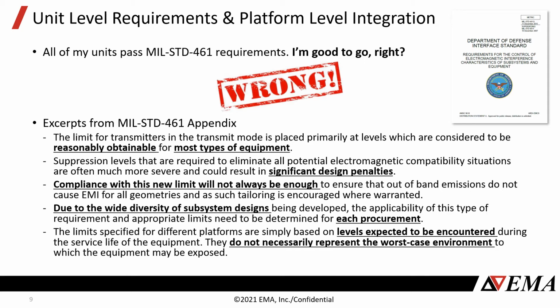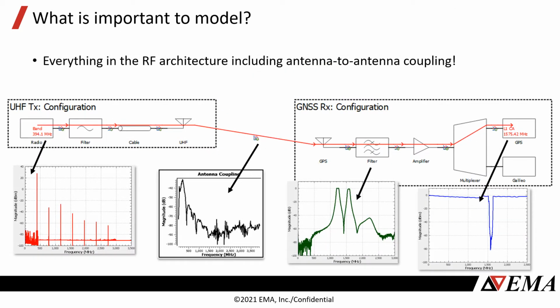While passing requirements like the commercial standards and MIL-STD-461 is important, it's not the end of the analysis. You still must consider how everything performs when integrated on a platform.